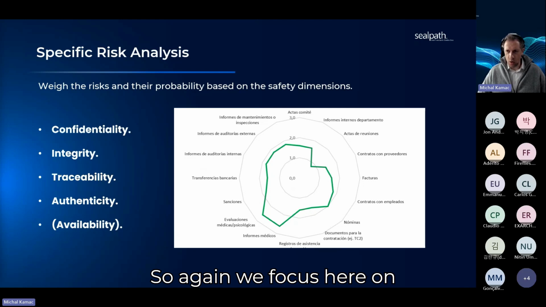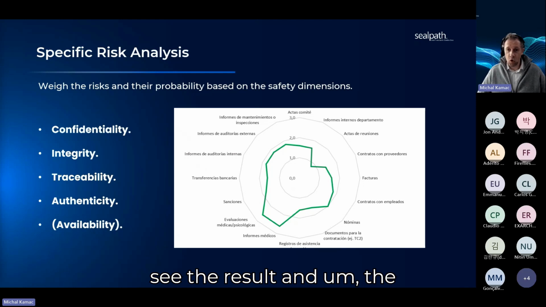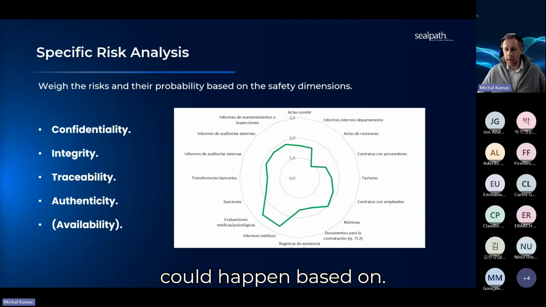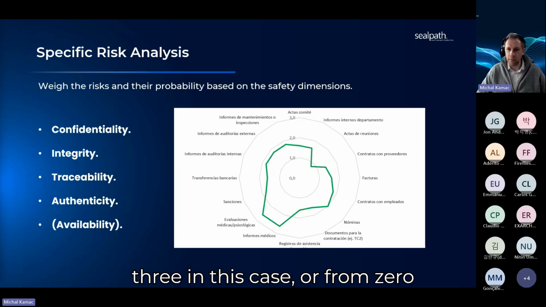So again, we focus here on documents. In this graph, you see the result, and the analysis could happen based on evaluating on a scale from 0 to 3 in this case, or from 0 to 5.